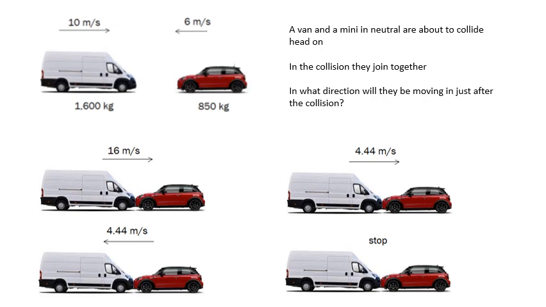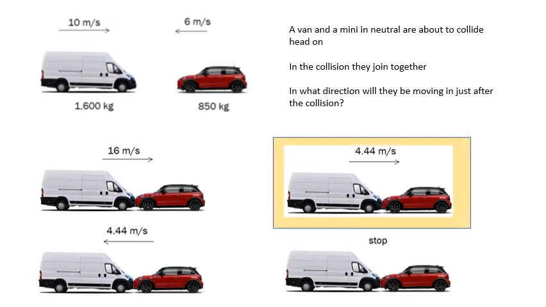And kind of common sense, I think, should tell you that it is that one there. Okay, now why? Well, basically the lorry, the van, has lots of momentum in that direction. The Mini has less momentum in the opposite direction, and what we're doing is we're adding the momenta together, and you're going to end up going left to right.